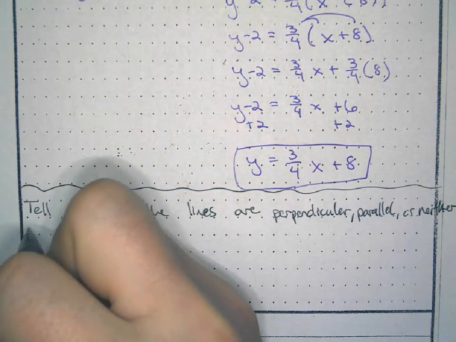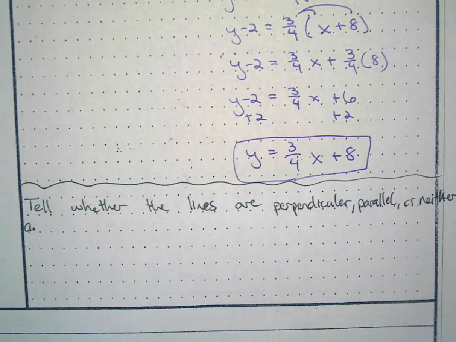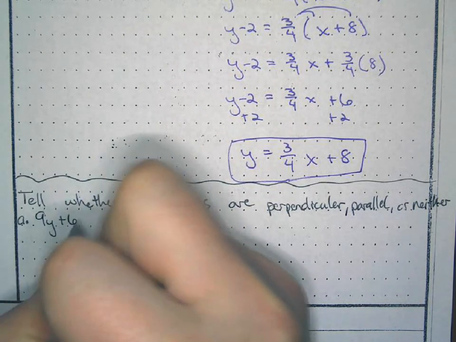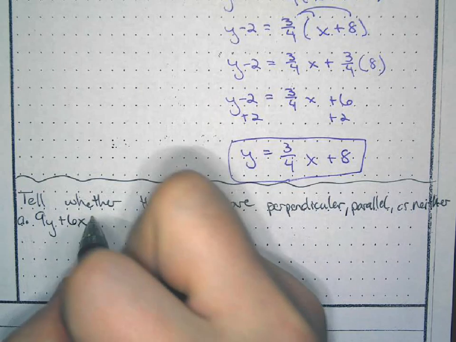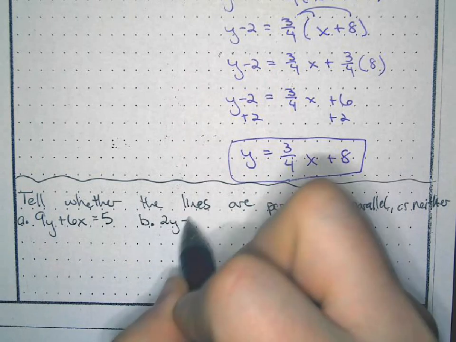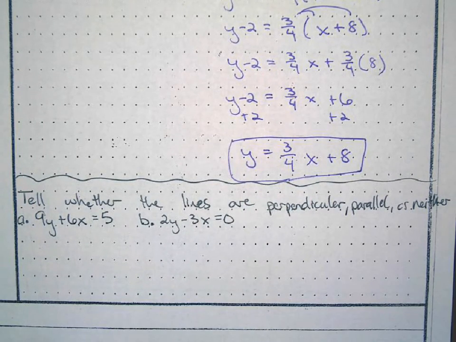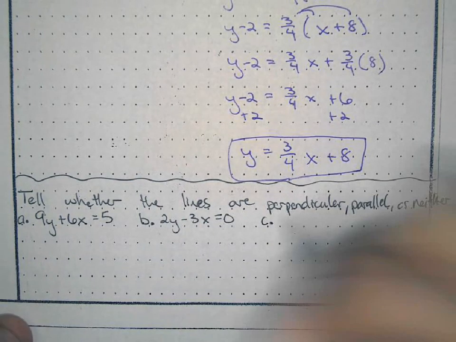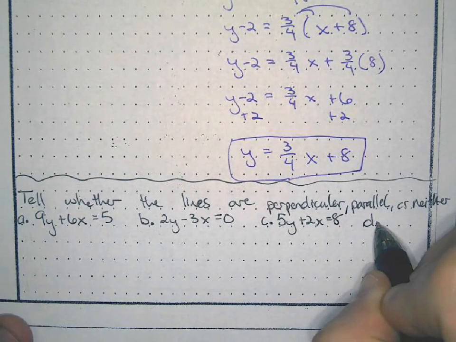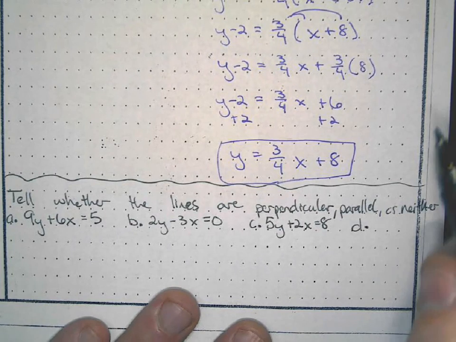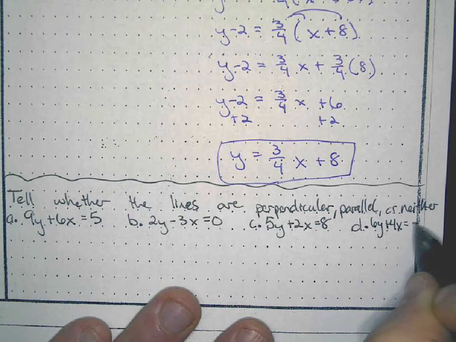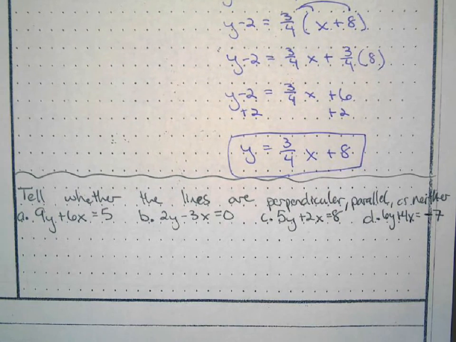So I have 4 lines we're going to look at. Okay, so we're going to look at these 4 lines.